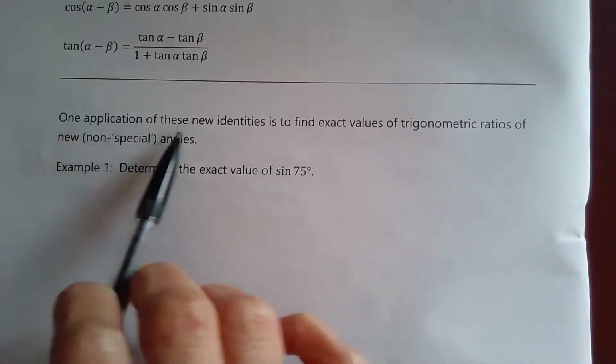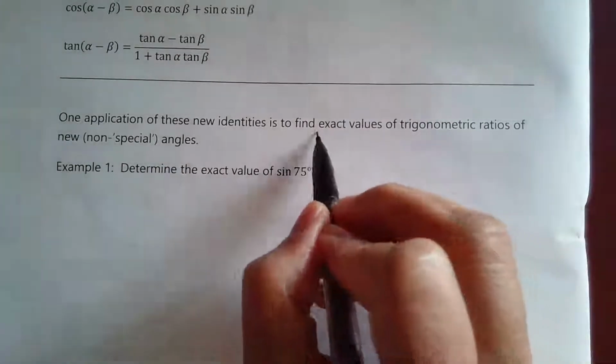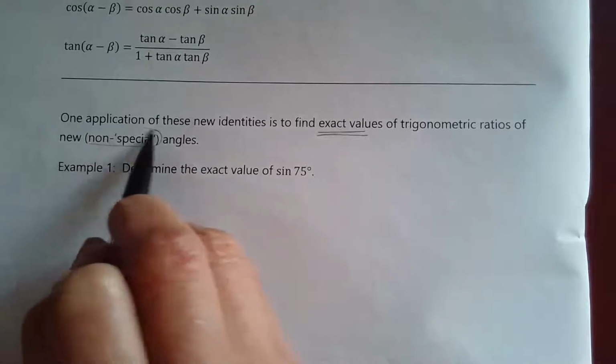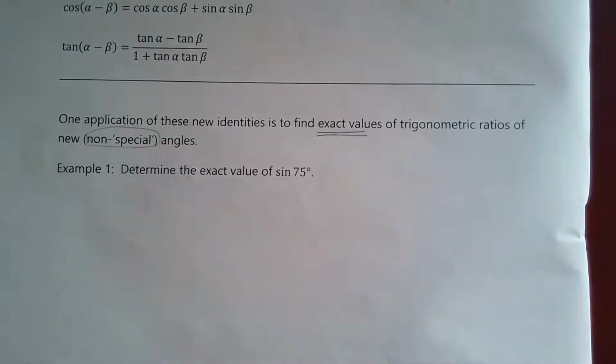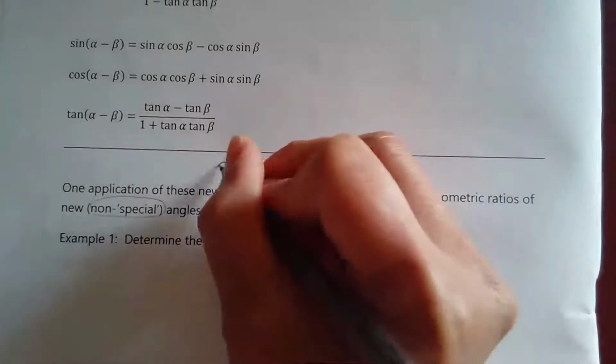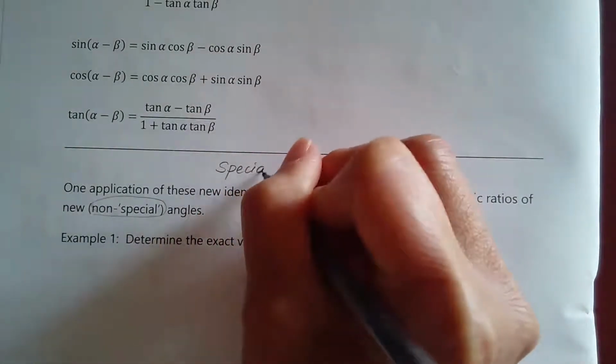One application of these new identities is to find the exact values of trigonometric ratios for non-special angles. Before, we talked about special angles. So what are the special angles that we talked about?